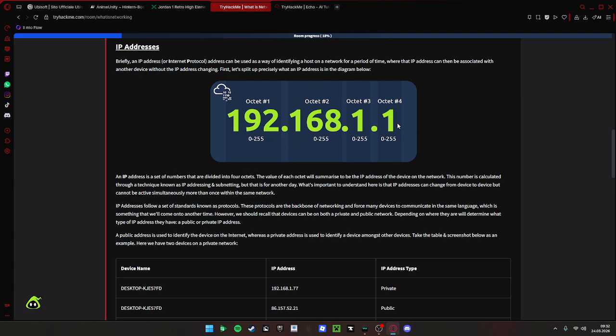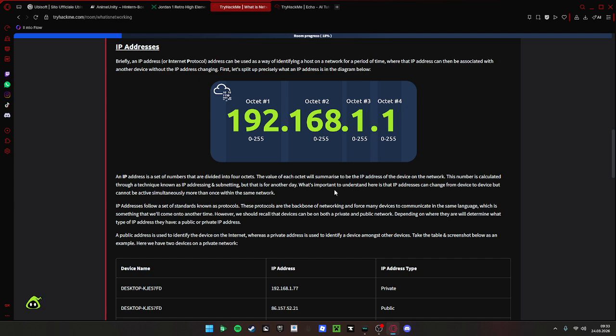So here's the IP. An IP address is a set of numbers that are divided into 4 octets: 1, 2, 3, and 4. The value of each octet will be summed up to make the IP address of the device on the network. This number is calculated through techniques known as IP address allocation and subnetting, but that is for another day.